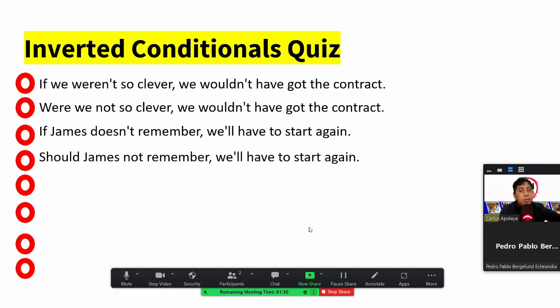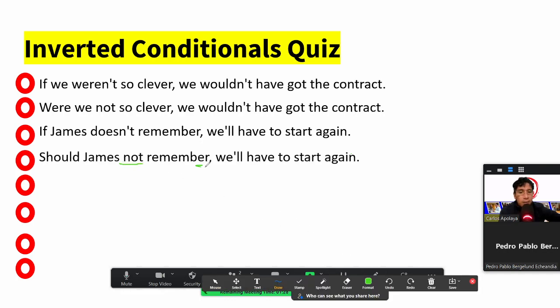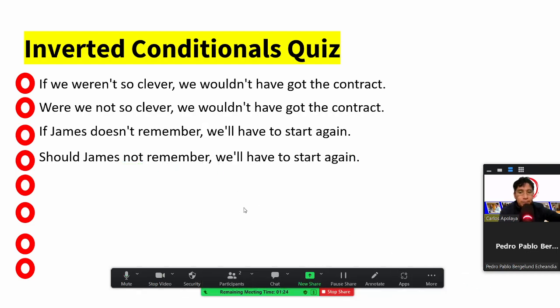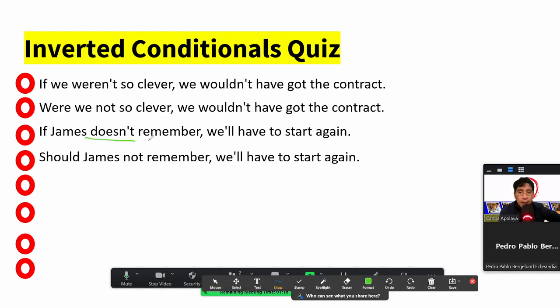Not. No, not. Not y el verbo en infinitive. Not remember. ¿Ok? Okay, and not. You don't use do. No. Sorry. El not está aquí porque esto es auxiliar. El verbo es este. Este es mi verbo. Entonces aquí, ¿por qué no pongo be? Ah, no se pone be. Solamente es auxiliar. Okay. Not.